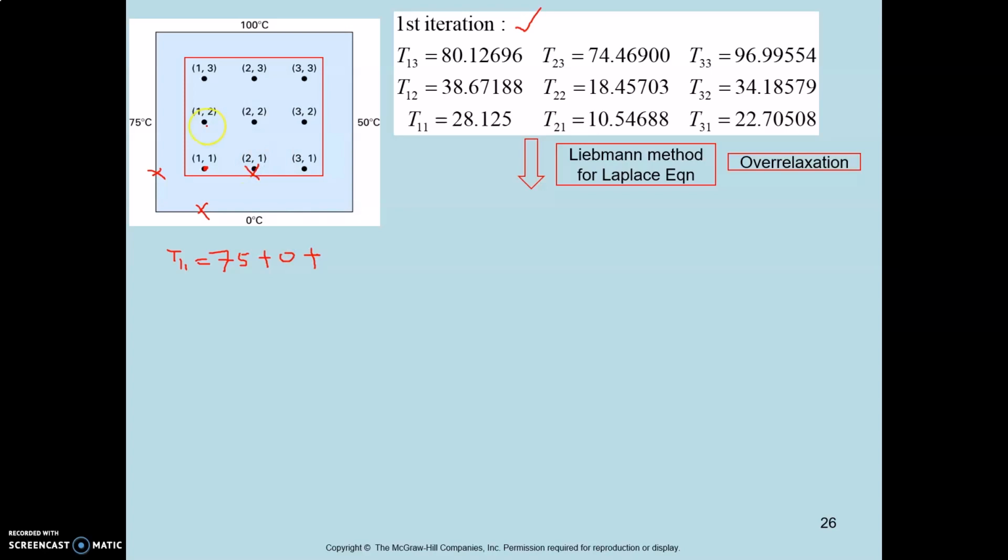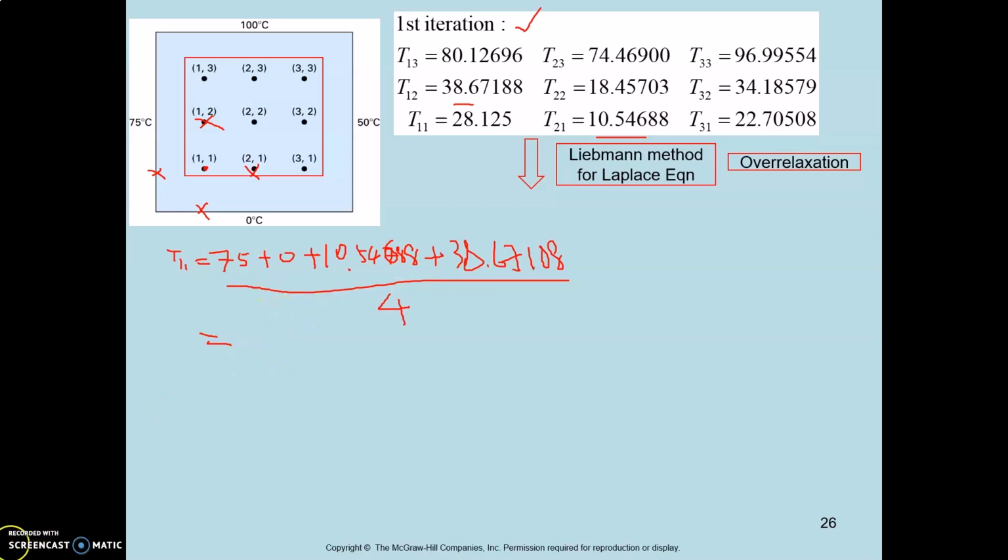So 21 and 12 can be obtained here, around 10.547 plus this 38.67188, divided by 4, right?